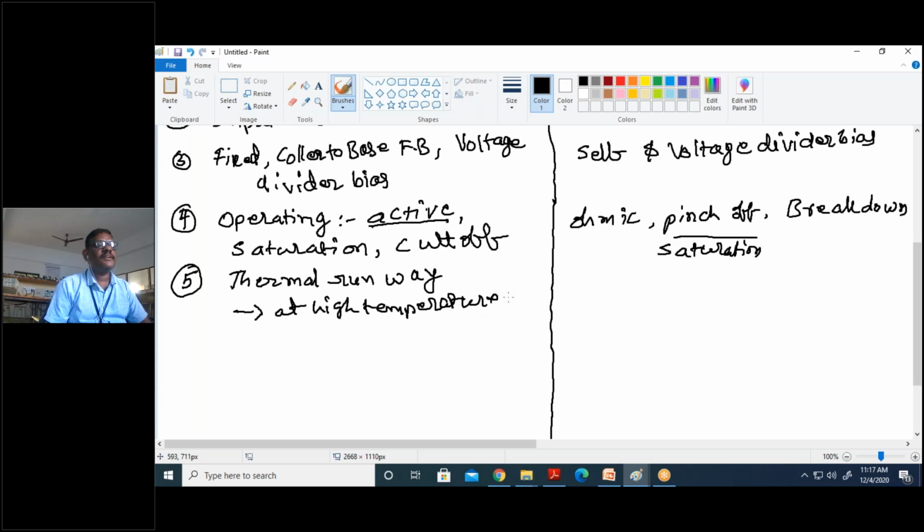But in JFET, there is no thermal runaway.